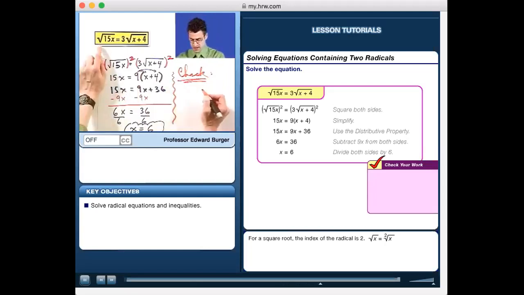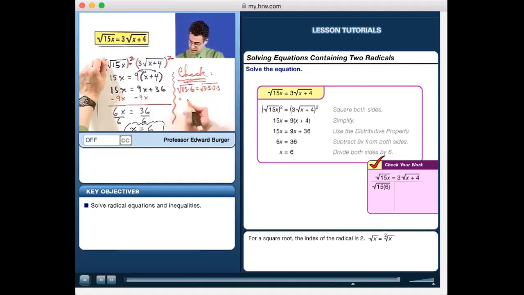On this side, I have the square root of 15 times 6. Well, what is that? There are a lot of ways of thinking about this. Let me just show you one way, which is just to factor everything. So if I factor this, I see this is the square root of 3 times 5 times 2 times 3.